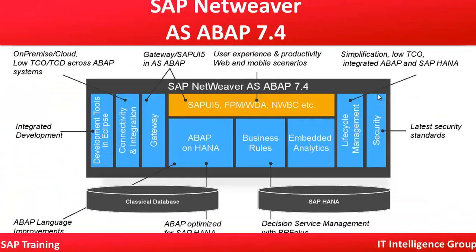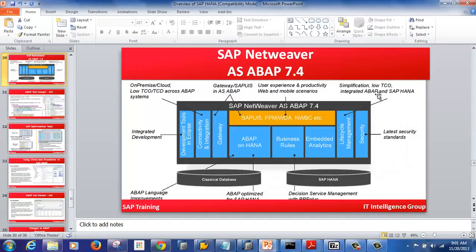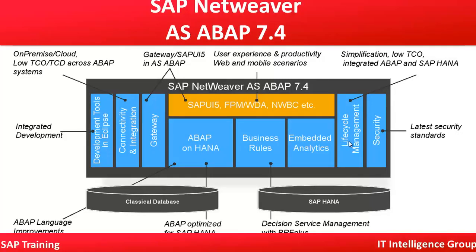Here is where the architecture for HANA is. This is showing you the overview of NetWeaver 7.4. This is what ABAP on HANA is built on. This is your SAP HANA, where you are doing decision service management with BRF Plus. You have optimized ABAP, SAP ABAP optimized for SAP HANA.